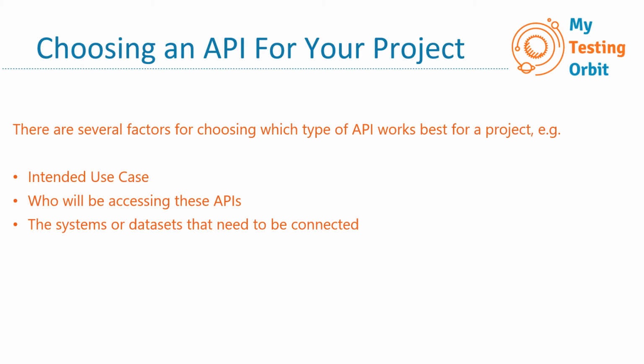Many organizations start with an idea or a use case that requires connectivity to some other systems or datasets. This is how the need for APIs originates, as a means of enabling connectivity between the systems and datasets.